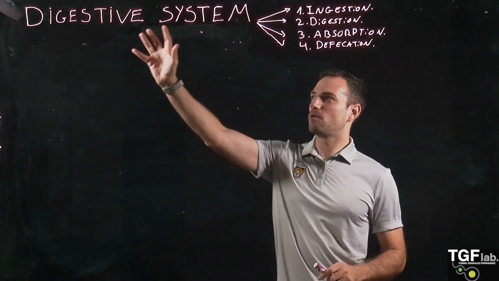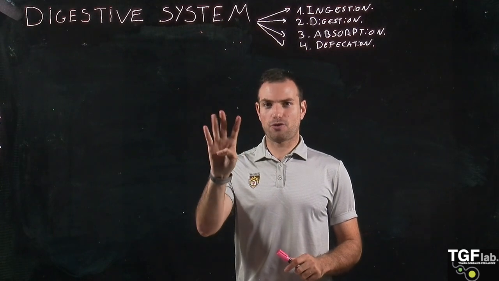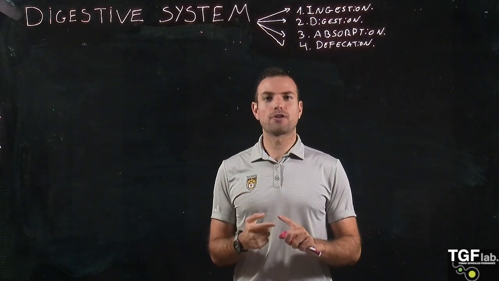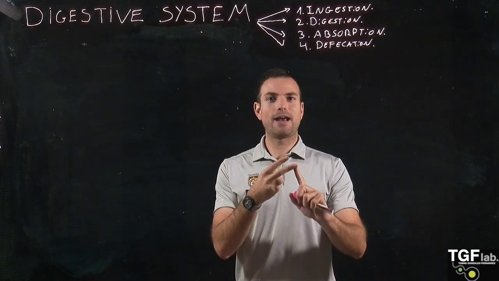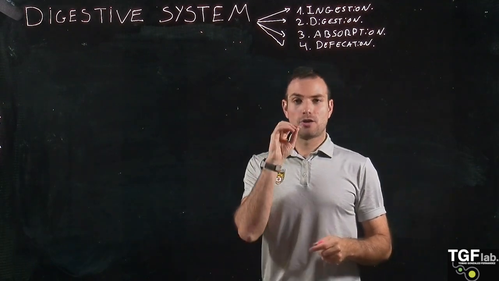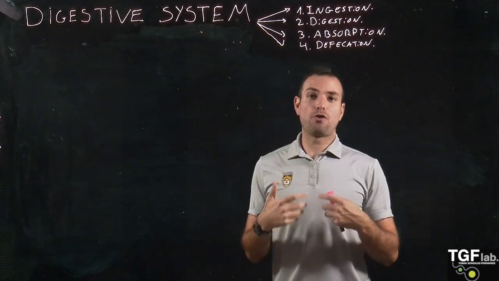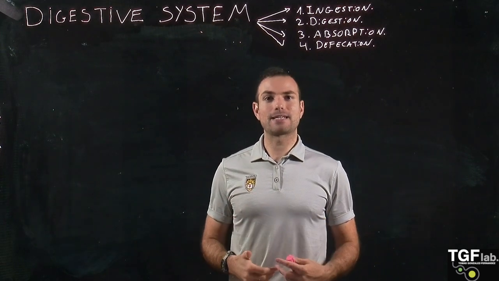Today we're going to look at the digestive system, which has four basic functions. The first function is the ingestion of food. The second function is the digestion, and that digestion can be mechanical through, for example, the trituration in our mouth with our teeth, and also the peristaltic movements in the digestive tract.